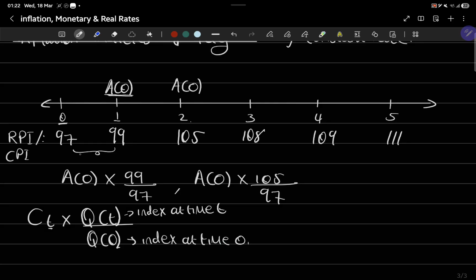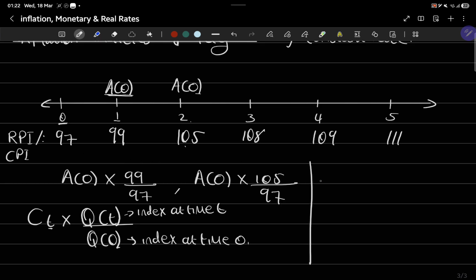So to account for the inflation growth that happened from time 0 to time 2, you just multiply A0, which is the real value, by the index at time 2 over the index at time 1. This should give you the growth over this period. And the same applies over this period.